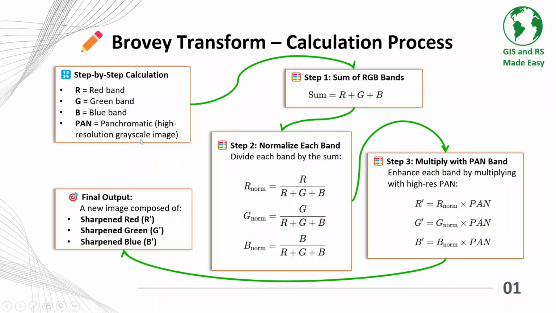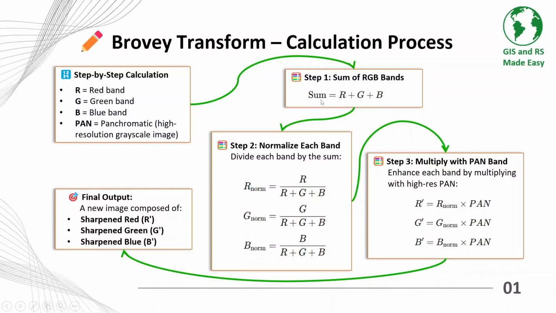If we consider a Landsat 8 image, the RGB image resolution is 30 meters and the panchromatic high resolution image is 15 meters. So we can convert the 30-meter image to 15 meters. The first step is the sum of the RGB bands, that is the total addition of the red band, green band and blue band, and this is done for every pixel.